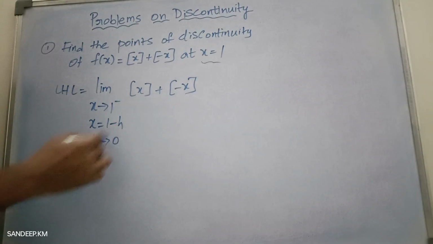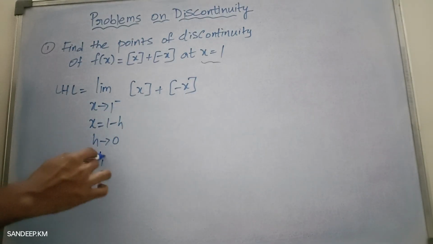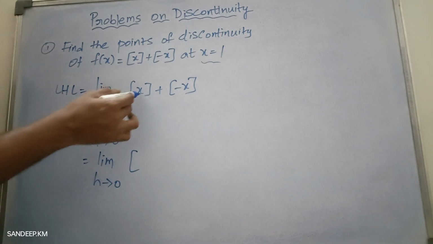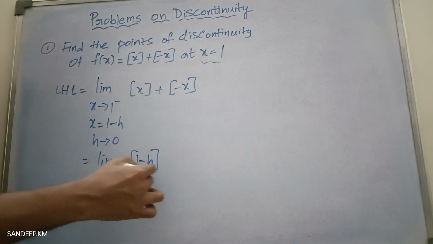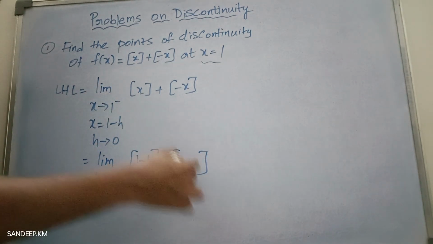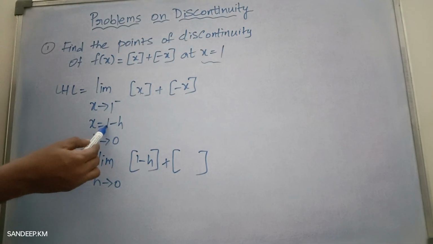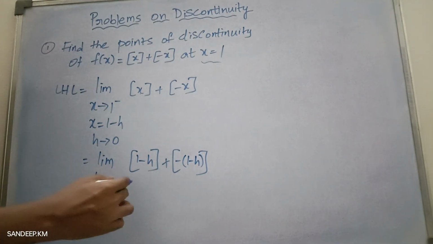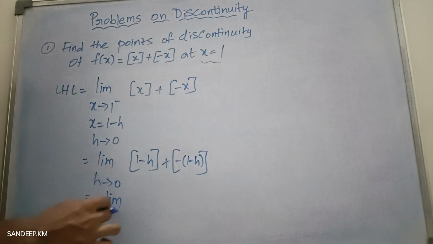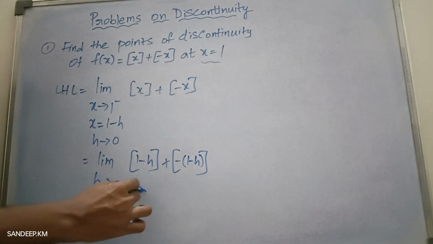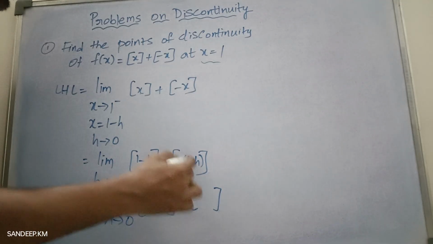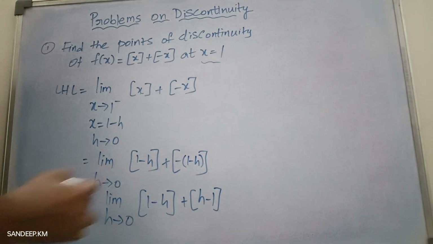If that is the case, so what happens here? Limit h approaches 0, step of, instead of x we are writing 1 minus h, plus step of minus x means minus of 1 minus h, correct? Minus of 1 minus h. Okay, so which is equal to limit h approaches 0, step of 1 minus h, and inside the other step we will get h minus 1.